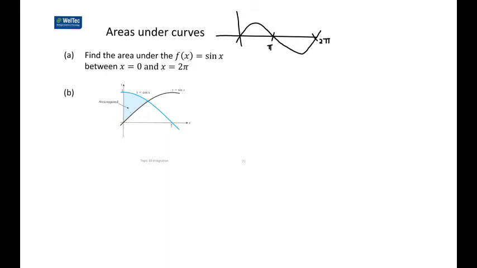So to deal with this bit, we take the absolute value of the integral, and that flicks it into being a positive number. So we can split our integral to find the area. It's going to be the integral between 0 and pi. That's fine. And then we're going to add the absolute value of the integral between pi and 2 pi. Okay, the integral of sine is negative cosine.